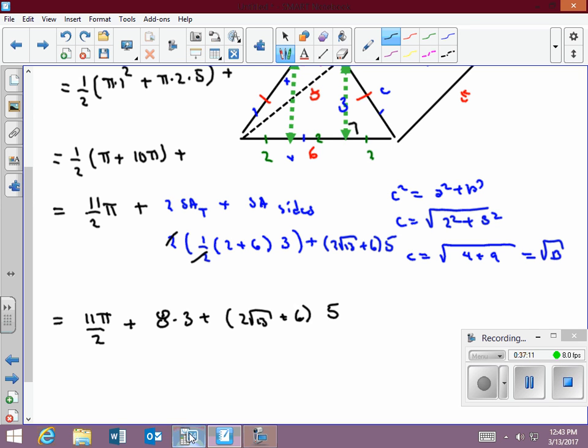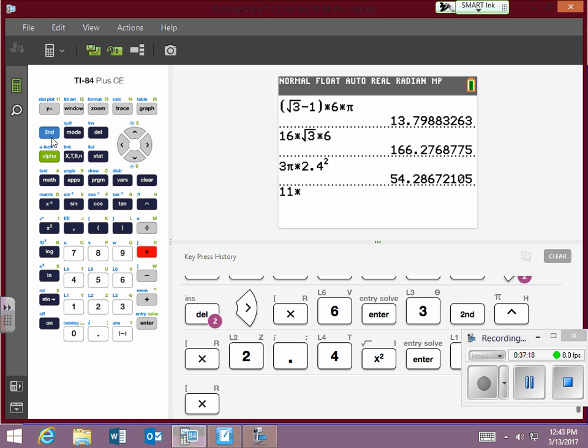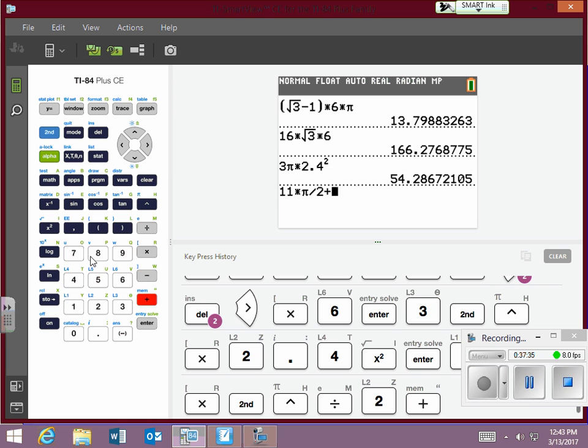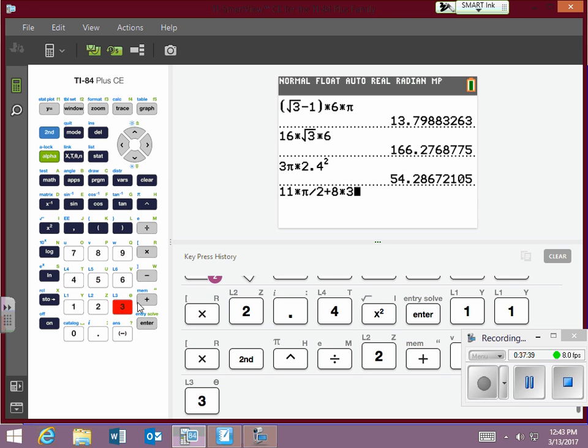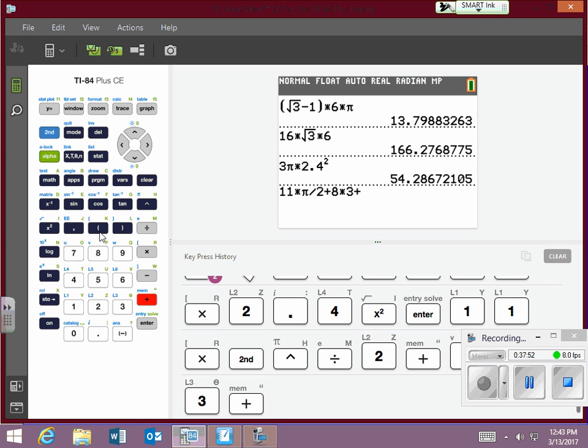Let me go back and look: 8 times 3, plus, I think that's a bracket, 2 square root of 13 plus 6 times 5, bracket.